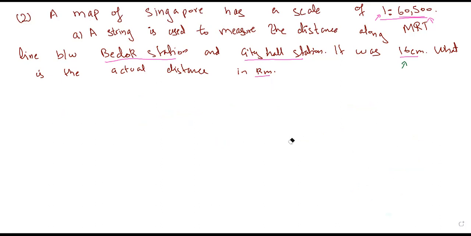Let's say we have the second part as: if the land area is 10.2 kilometers square, what will be the area in map?